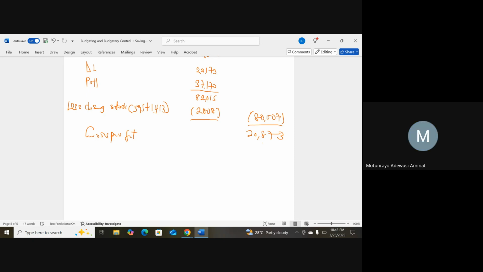So we can now, it is a P or L. Then you can now less expenses.